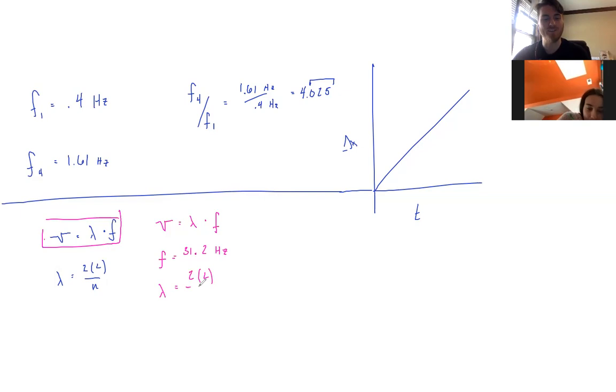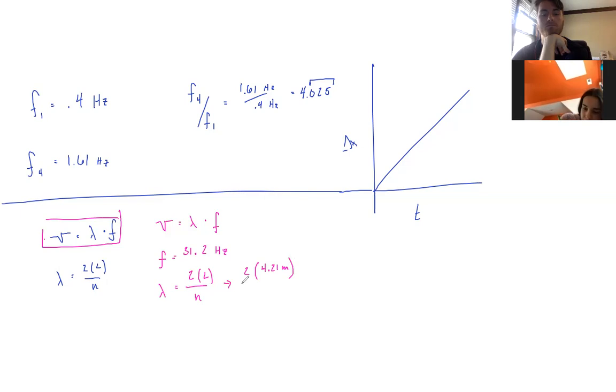So your wavelength is always 2 times the length divided by the harmonic, whatever that value is. So if we take 2 times, and then what's your length there? 4.21. Okay, so 4.21 times 2.